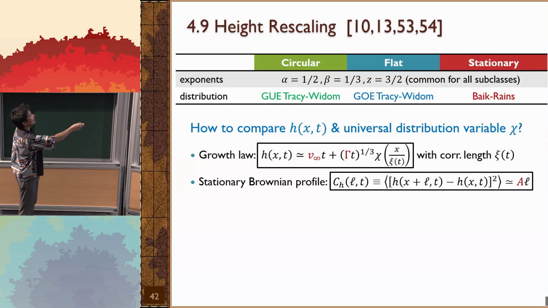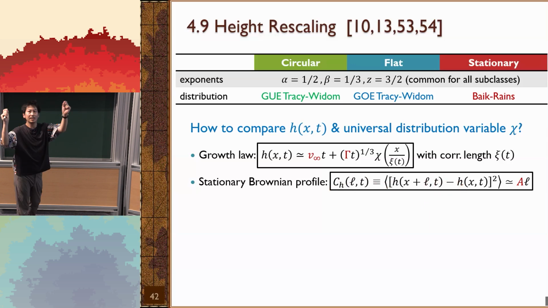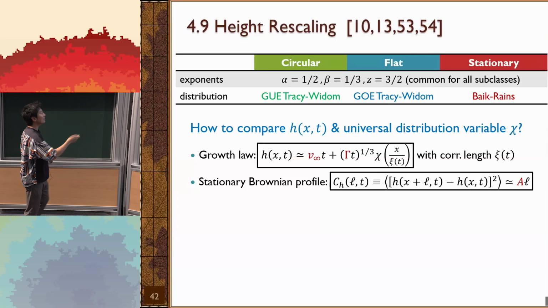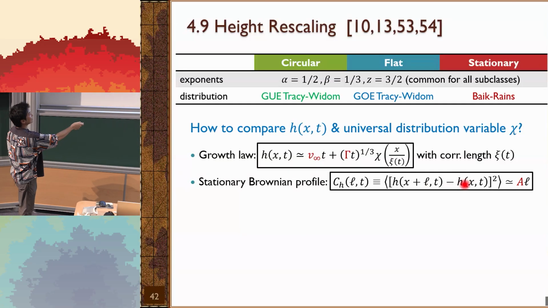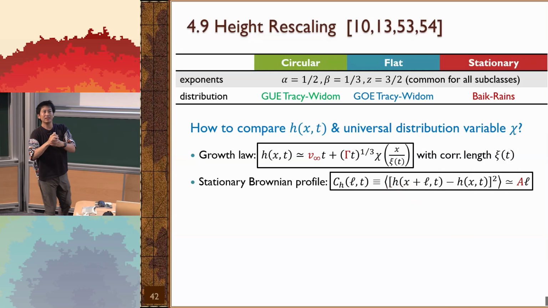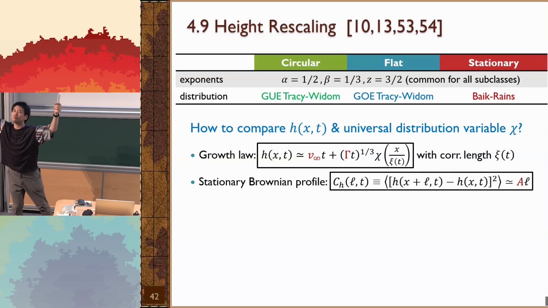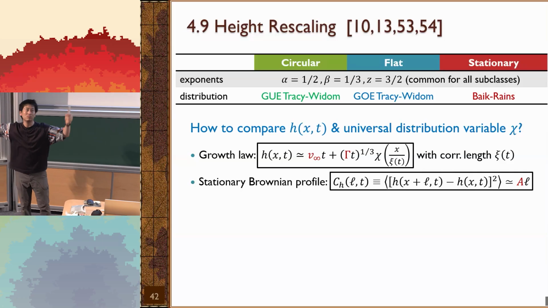And in order to do that, it's convenient to use this quantity. It's called the height difference correlation function. You just take the difference of the height at positions separated by distance L at equal time. So you take the difference, you square it, and take the average. And actually, it is nothing but the mean square displacement if you regard the interface profile as a trajectory of some Brownian random motion.